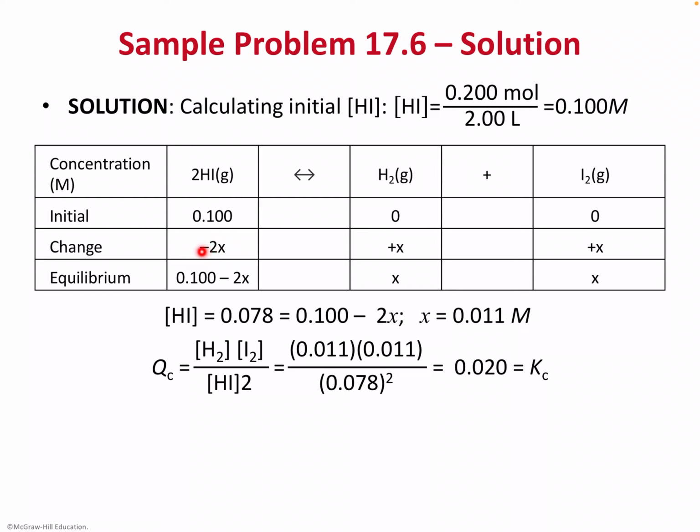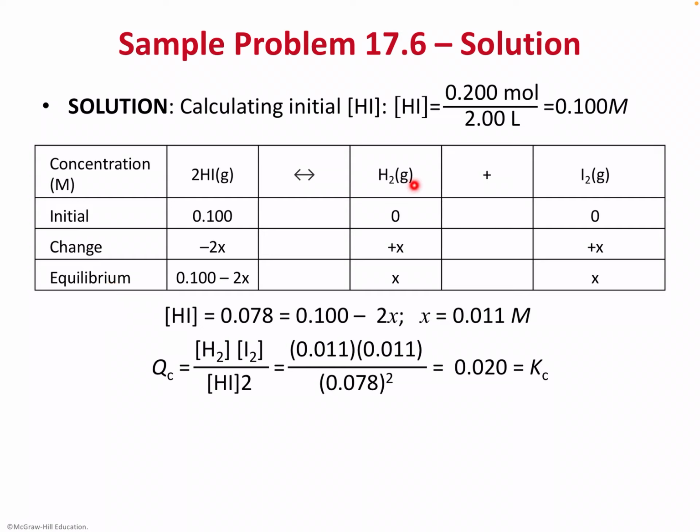We don't know the x amount, but we have a 2 molar ratio. Hydrogen is plus x, and iodine also plus x. So at equilibrium, what is left of HI is 0.1 minus 2x.